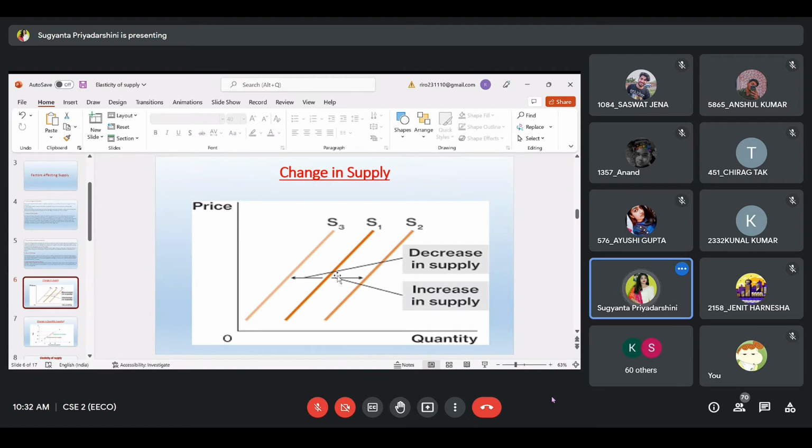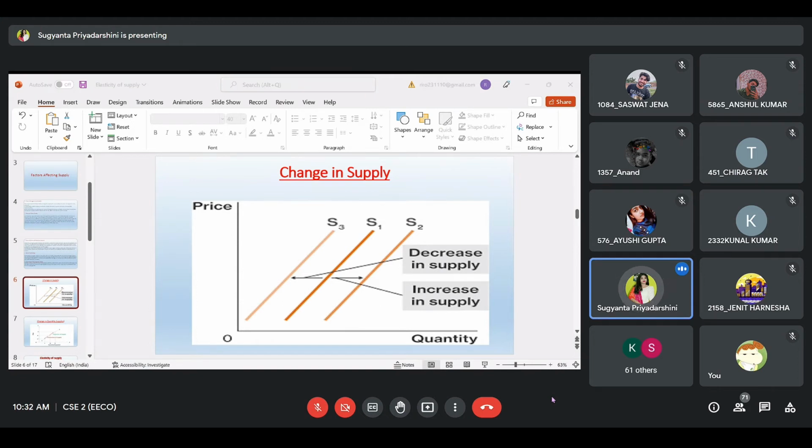But if you are technologically not advanced, or you are using an obsolete version of the technology that was already existing, then your supply will decrease from S1 to S3. That is your change in supply, that is increase and decrease in supply due to the change in any of the other factors, keeping price constant.